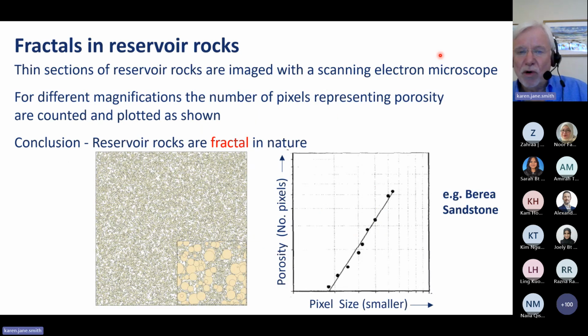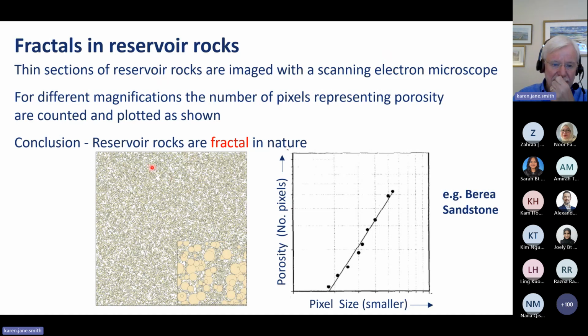Now, we're more interested in reservoir rocks. If we want to know porosity, we can take thin sections of reservoir rock and we can image it using a scanning electron microscope. And this is the result here. So this is a slice of the rock with a scanning electron microscope.